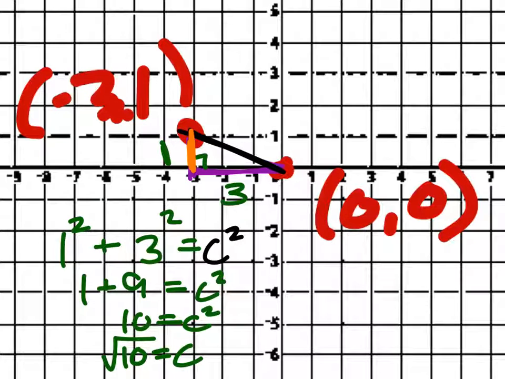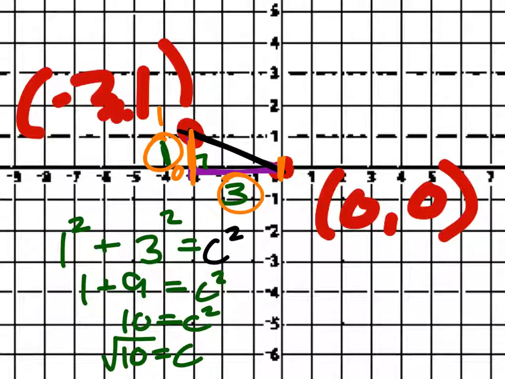So all I did is 1 minus 0 to get this one. And over here I did, how far is it from negative 3 to 0, which is the same as 0 minus negative 3. You could do negative 3 minus 0, which would give you negative 3. We just don't look at distances in terms of negatives, which is why we have that as a positive.